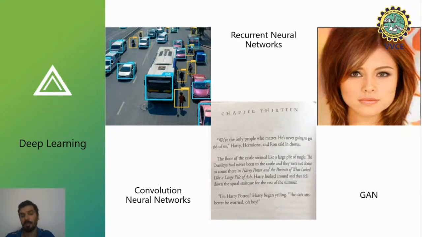Some of the popular ones are convolution neural networks, which are mainly designed for computer vision problems. For example, it's one of the techniques used very much in self-driving cars, because it has to identify different objects on the road using a head-mounted 3D camera.